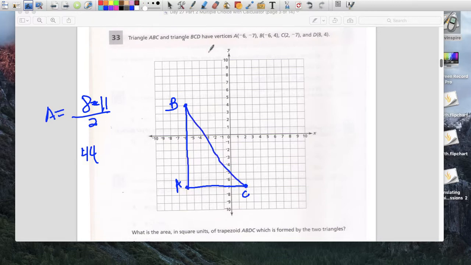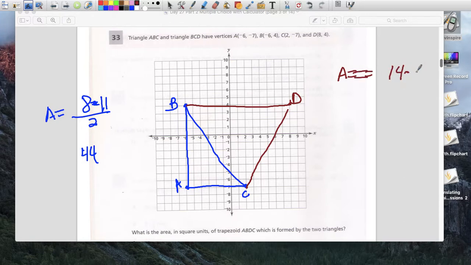Red triangle. C, 2 and -7. Okay, and then D, 8 and 4. 8 going across and 4 going up here. That's my second triangle. So for the red triangle, my base starts from here, 6 to the y-axis is 6, plus 8 is 14.